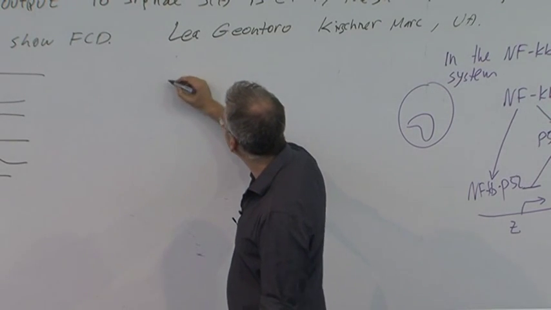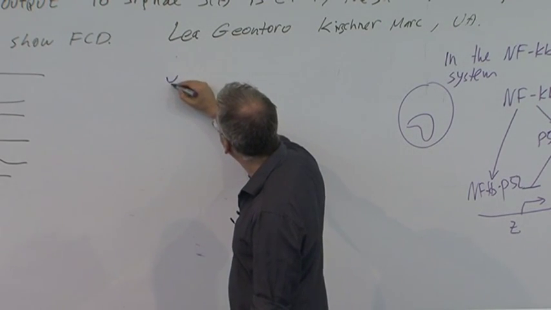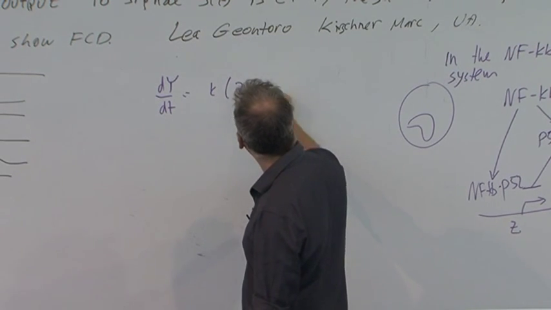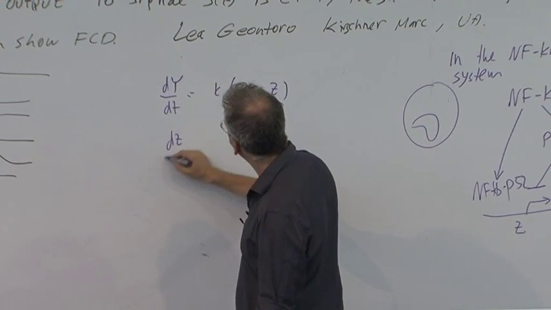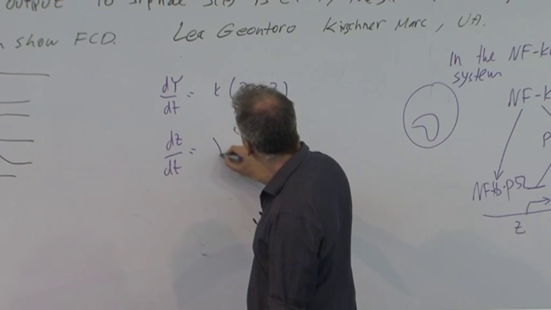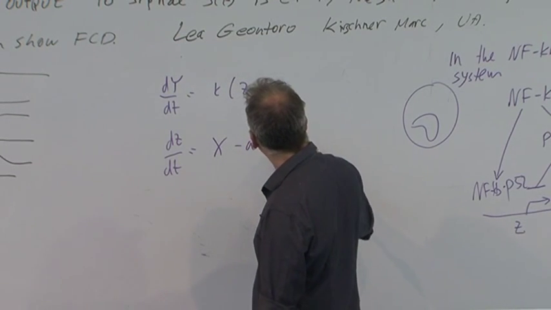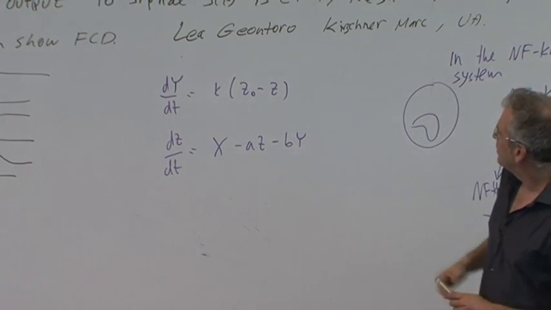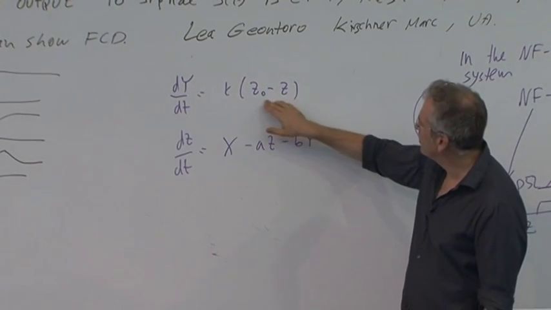So you have these kind of systems. This has integral feedback loop because the steady state is always Z0.